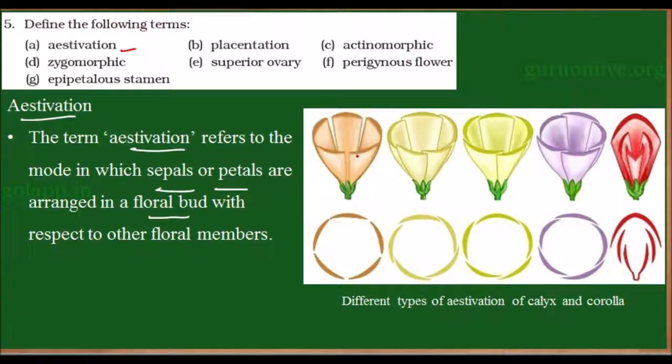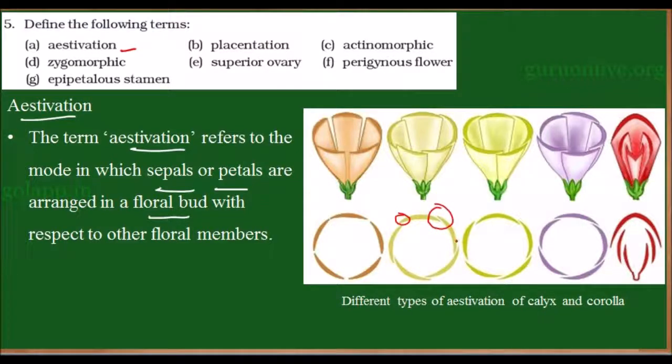For example, here we can see these are the petals. In the first image, they're arranged in a circular form and each petal does not touch the other one. In the second case, they're overlapping. One end is outside, the other end is inside.